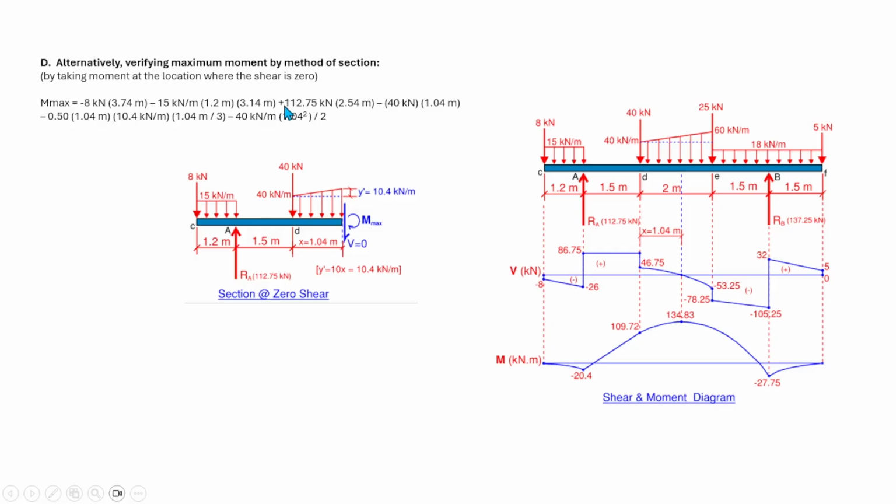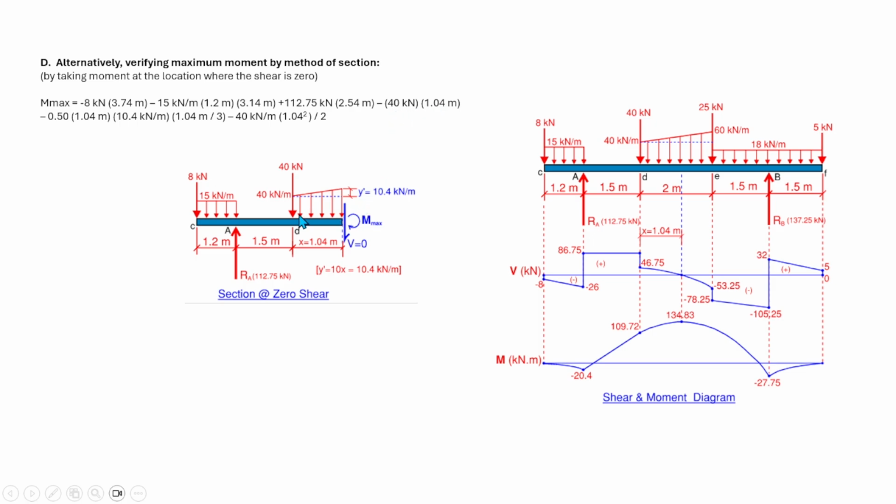So we also have 112.75, positive because it is clockwise, times 2.54, which is the reaction at point A. Then minus 40 times 1.04, this one is counterclockwise, and that is negative.